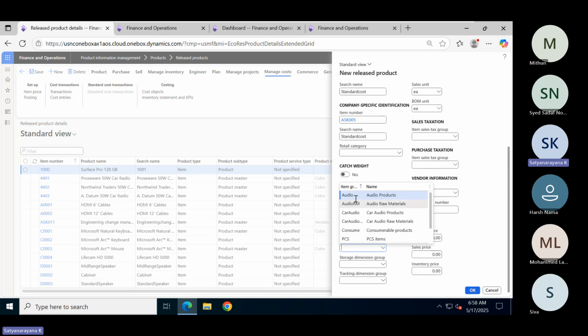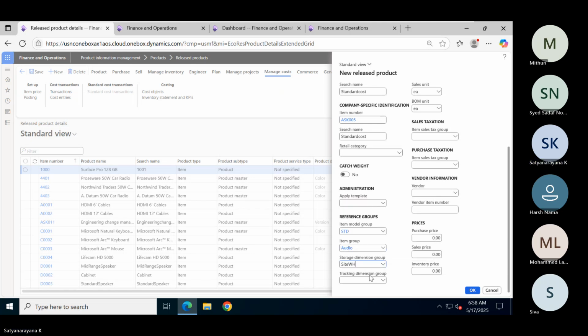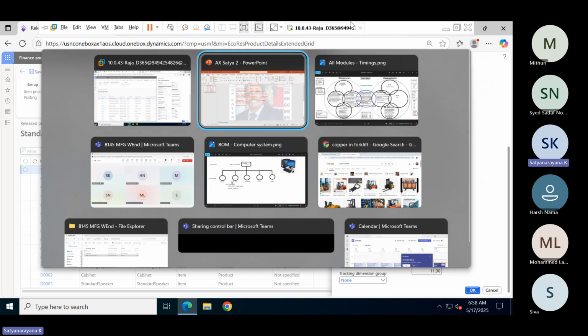Item group. Storage dimension group. Tracking dimension group. Okay. Purchase price, suppose $10. Sales price and cost, inventory price. So give me a minute. Let me explain you what is this.